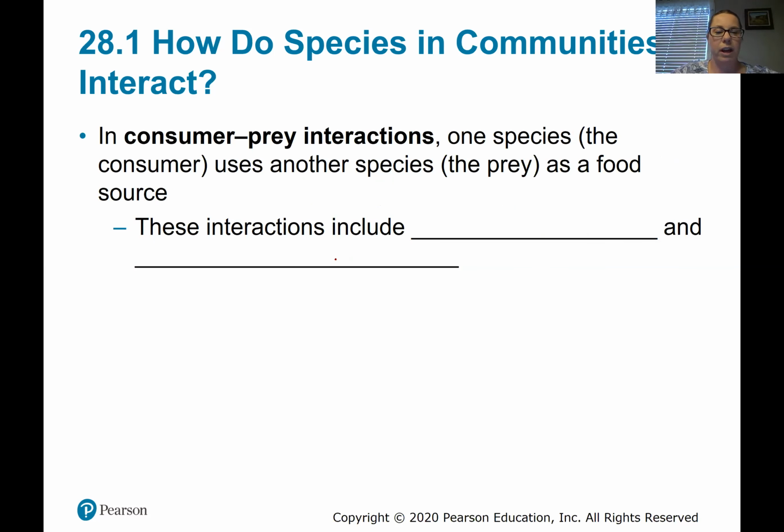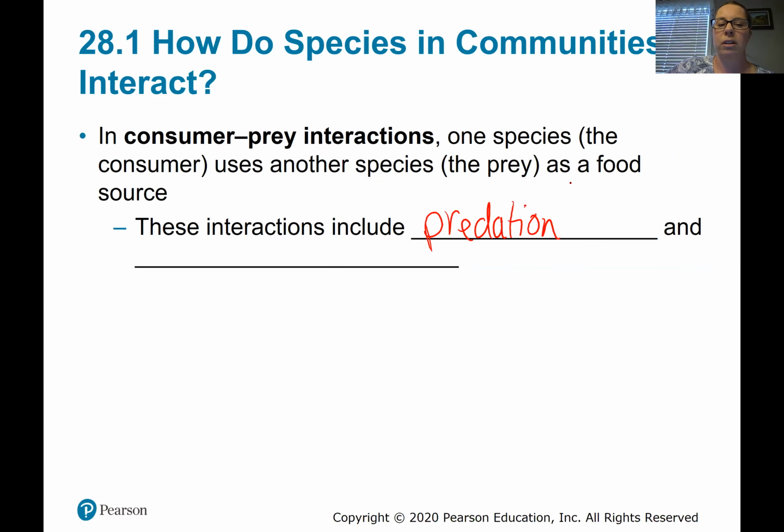Consumer prey interactions include not only predation. Typically when we think of predators and prey, we think of the coyote and the prairie dog, or the mountain lion and the deer.